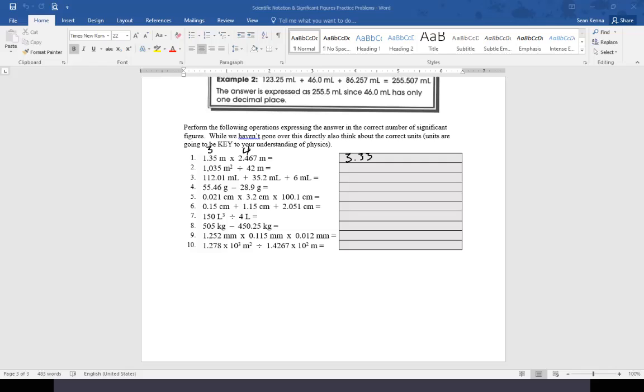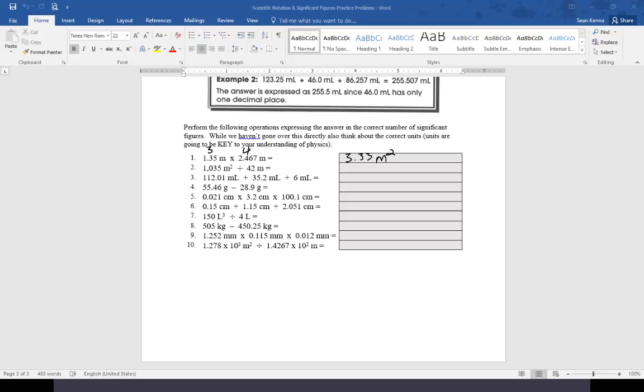In this case, we're going to end up with meters squared. Okay? So we count up the least number of sig figs, trim to that answer, and then do our units. The second one is basically the same thing, so I'm going to skip that one right now, and go to number 3.